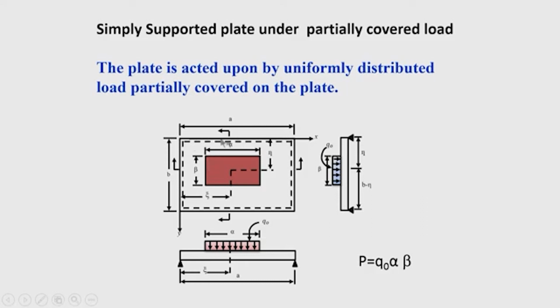Alpha is parallel to the longer direction of the plate and beta is parallel to the shorter direction of the plate. Okay. Now, two other parameters are important to locate the center of gravity of the load. The centroid of the load has coordinates xi, eta with respect to the origin taken at the left hand top corner. So, with respect to this point, we have the x coordinate as xi and the y coordinate as eta. These are the parameters that we know.